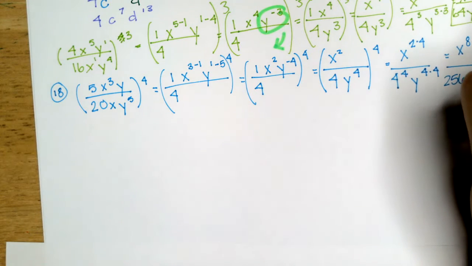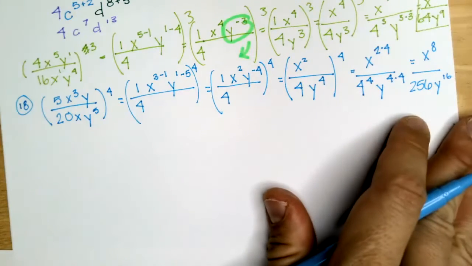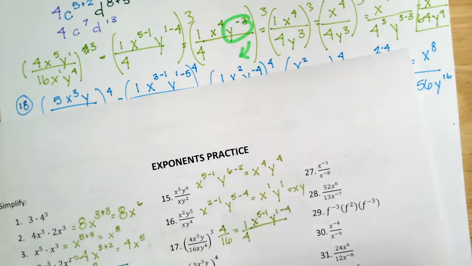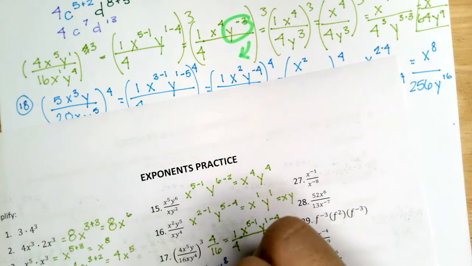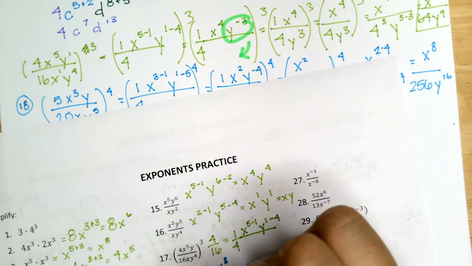And then 4 times 4 is 16. Okay. Good. So this is x to the 8th over 256 y to the 16th.